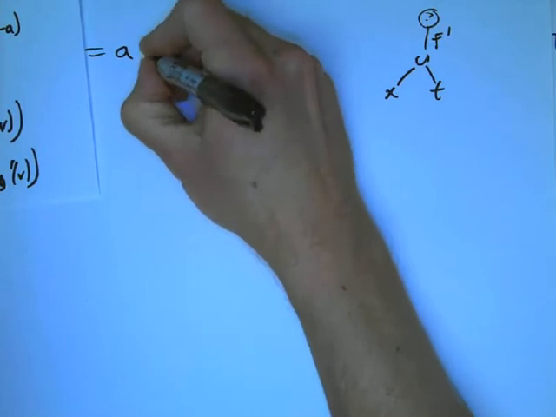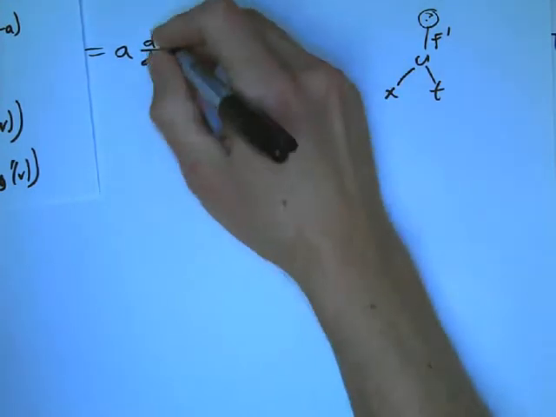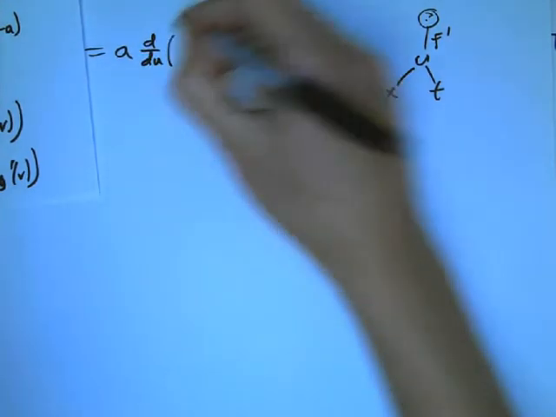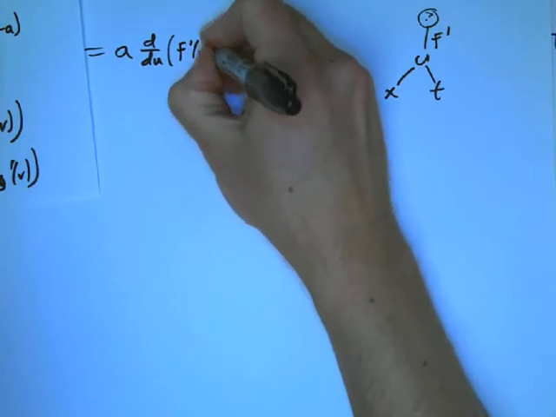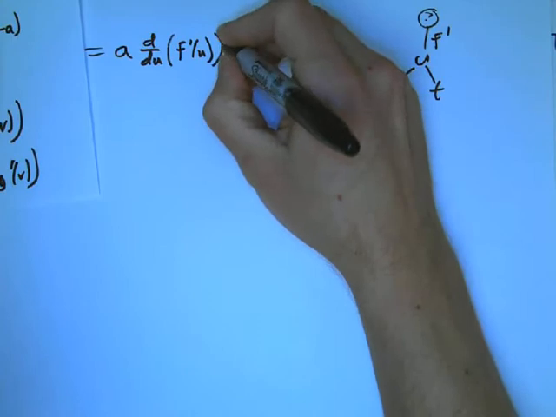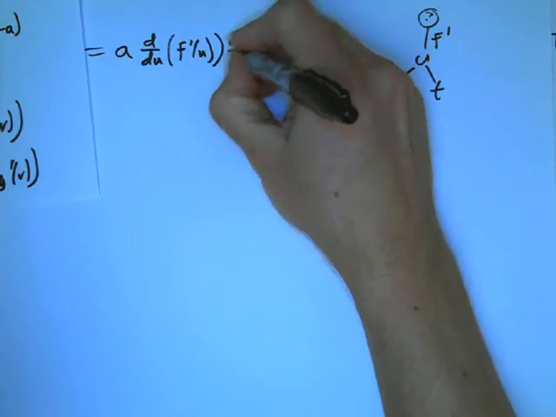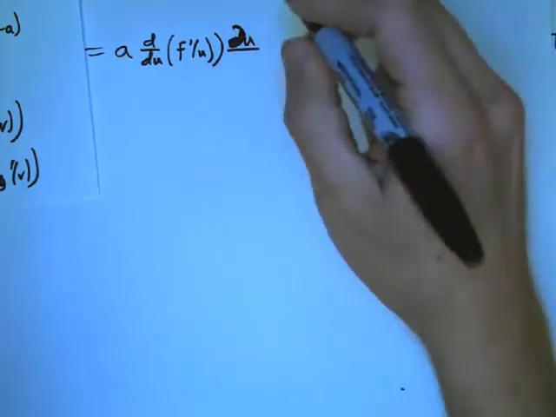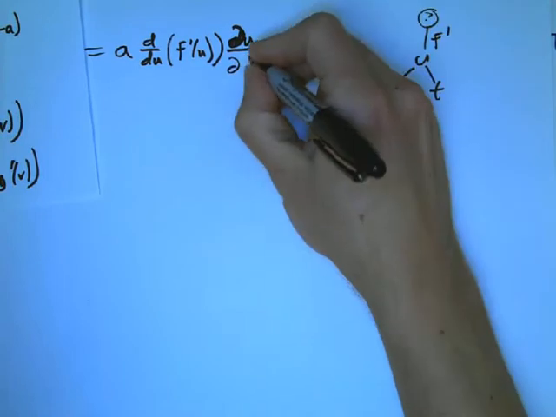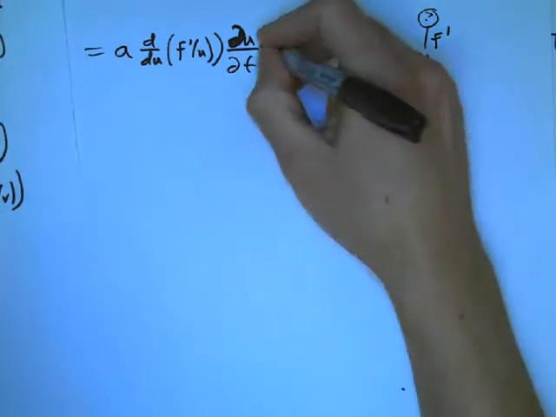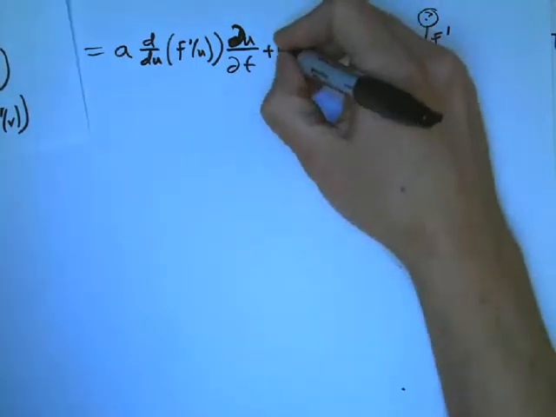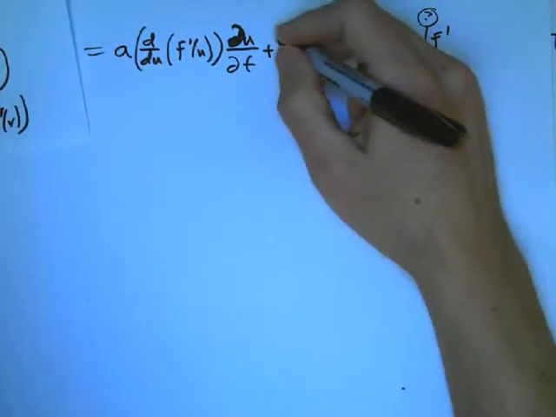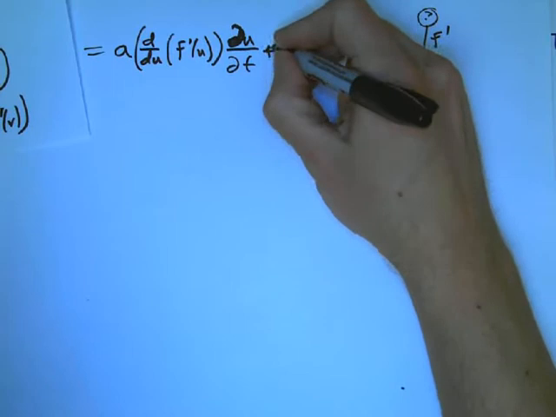So it's going to be the simpler case of the multivariable chain rule, where the derivative with respect to t is just the derivative of this one times the derivative of this guy. So that's going to be the derivative with respect to u, now that's ordinary, because there's only one, of f prime of u, times, oh, now that's a partial, very sorry, partial u, partial t.